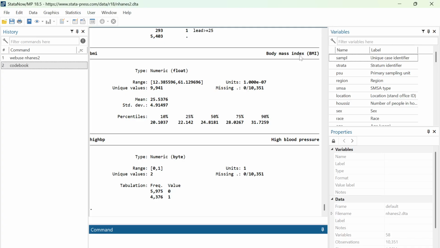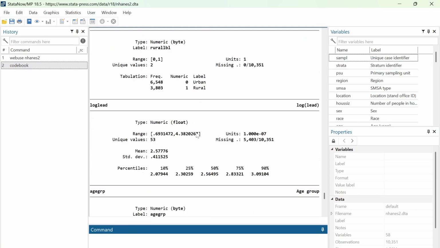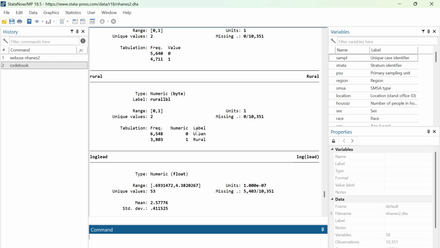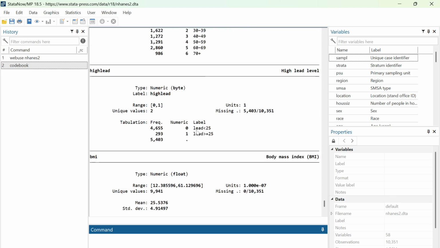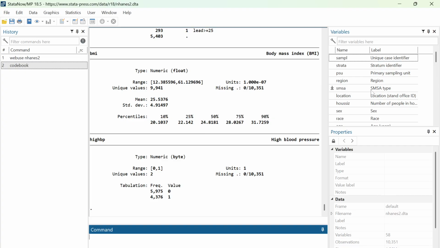BMI means body mass index, right? And then all this information associated with this variable. However, this is still messy. You do not have the idea about the whole dataset, okay? Especially when you're dealing with a new dataset like this one I'm dealing with right now. It's really hard to know everything at a time.